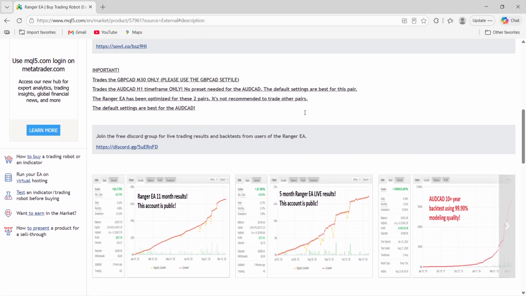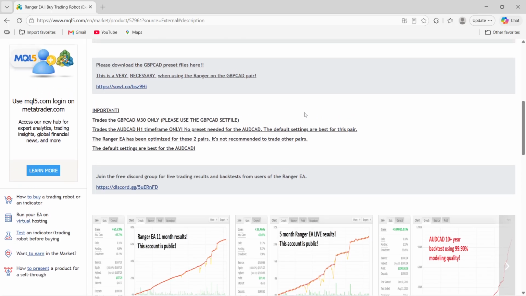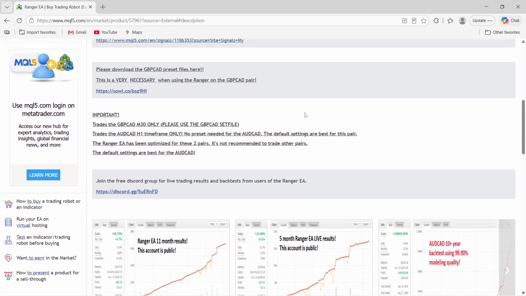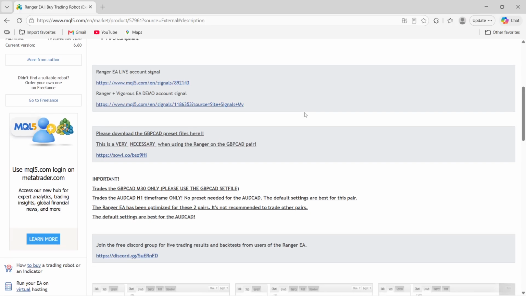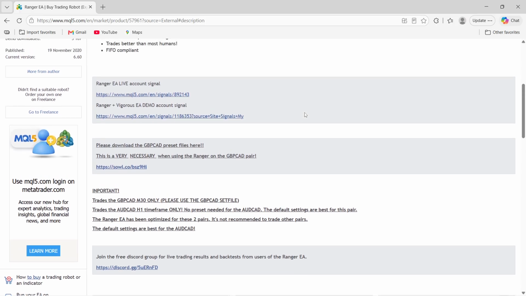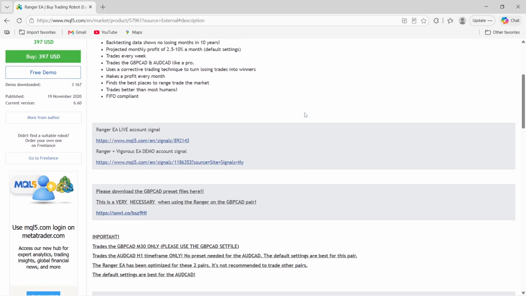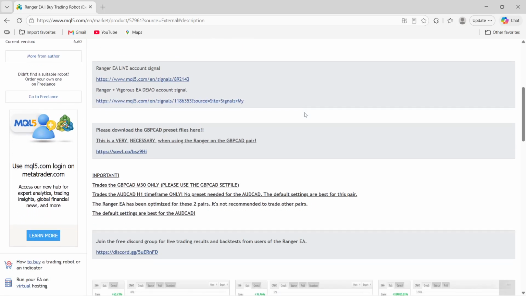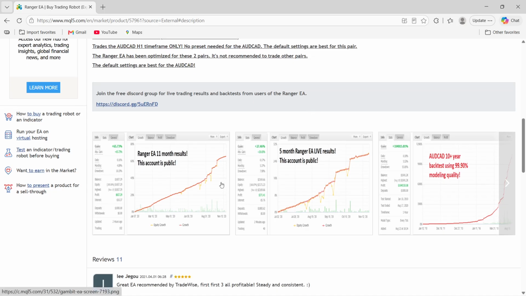Key settings revolve around risk management, lot sizing, and of course using the right presets for each pair. They emphasize that the default settings work best for AUDCAD, while GBPCAD needs that special set file. It includes things like grid spacing, adjustments, and exposure controls under the hood, all designed to make it user-friendly while sticking to those two currency pairs.